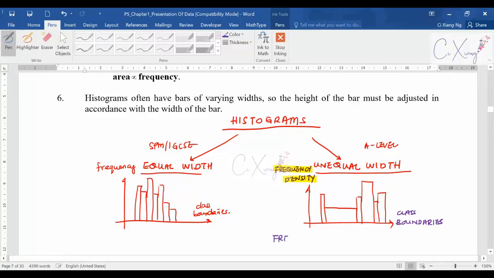Frequency density is actually the formula for us to calculate the height of the bar, which is frequency divided by the width.